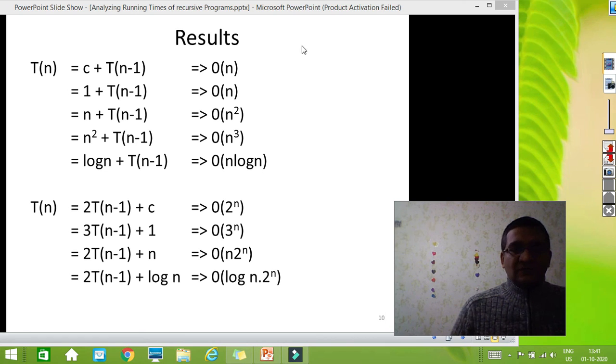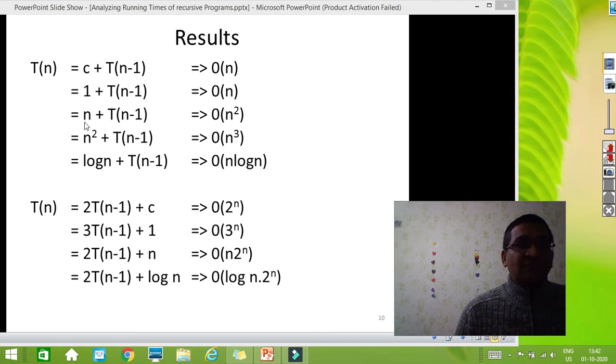Also, we have some more interesting results. If you observe these results, you can find some pattern in them. So this is the kind of equation given for any recursive algorithm. Let's say we have t of n represented as c plus t n minus 1, or 1 plus t n minus 1, or n plus t n minus 1.